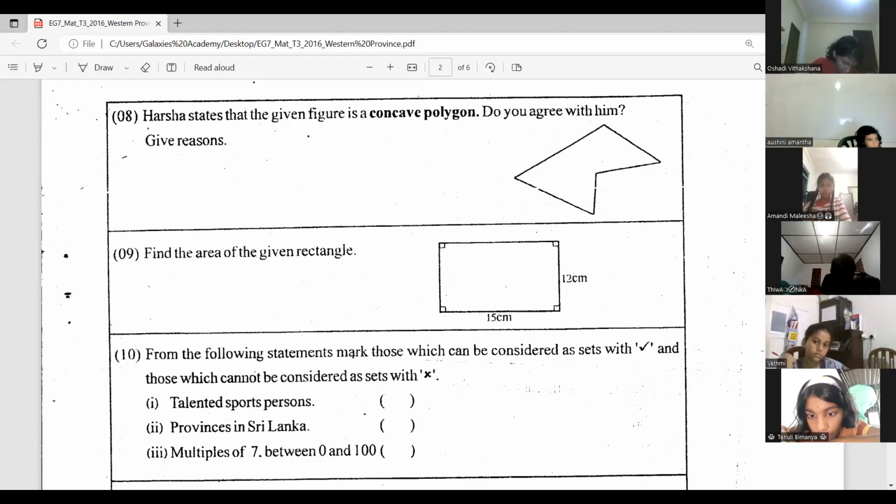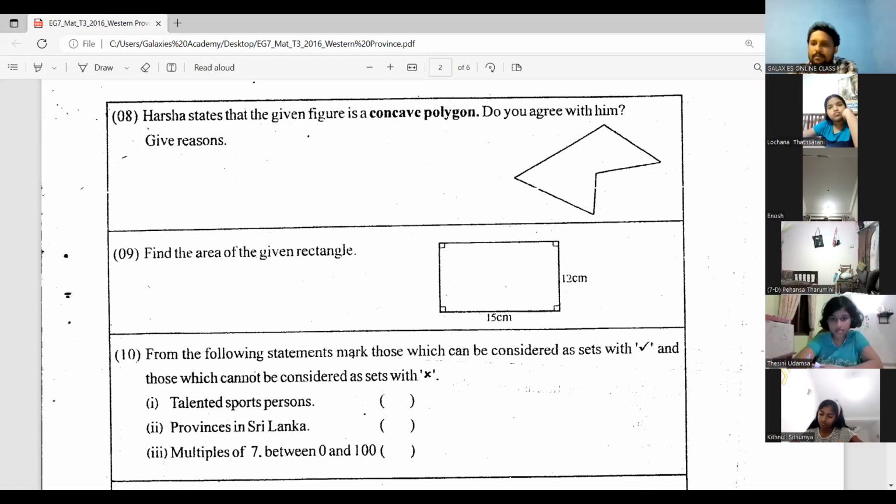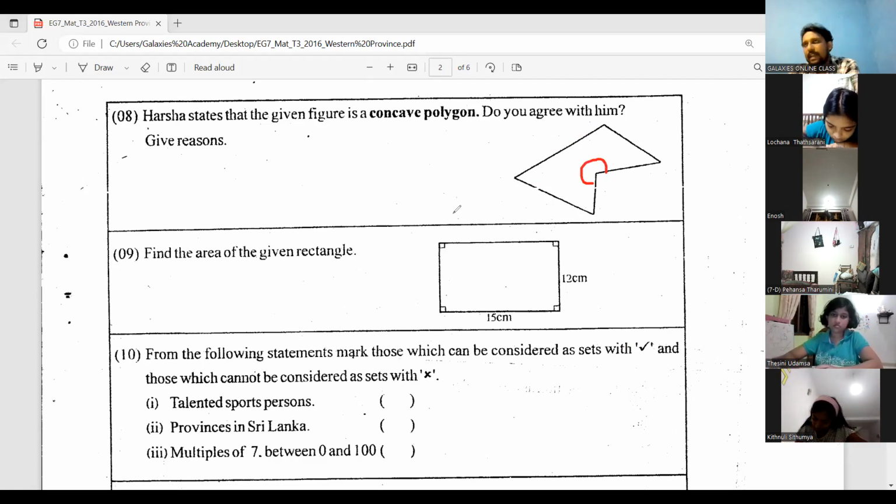What's the reason? Because it has reflex angles. Yes, because it has an interior reflex angle. You can see this angle. It is a reflex angle, no? If at least one reflex angle is contained as an interior angle of a polygon, we call it a concave polygon, right?